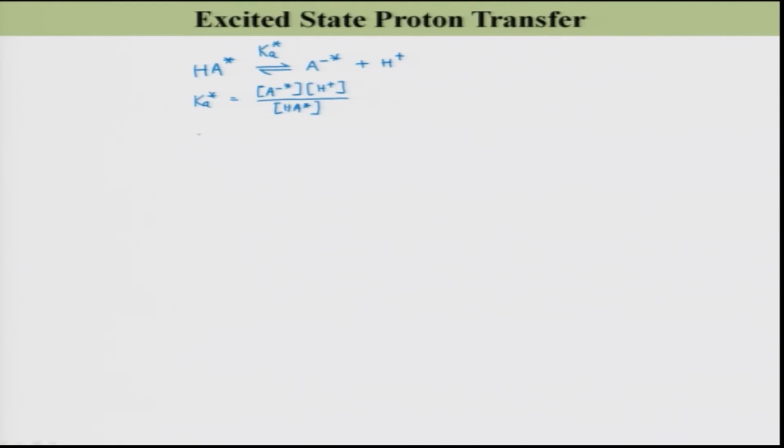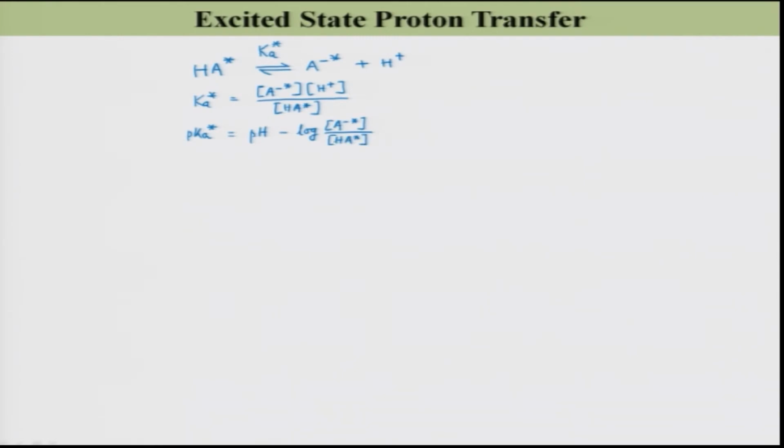So, if I take the negative logarithm of each side, I will get pK A star equal to pH, right. Here obviously there is no excited state, it is just the hydrogen concentration, minus log of A minus star divided by HA star, right.